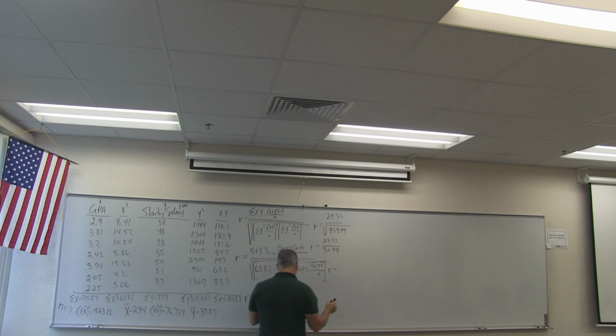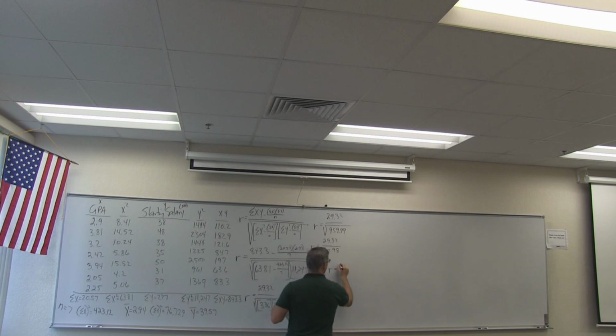In this case, Pearson R is positive 0.946. R squared, 0.895. 1 minus R squared, 0.105.